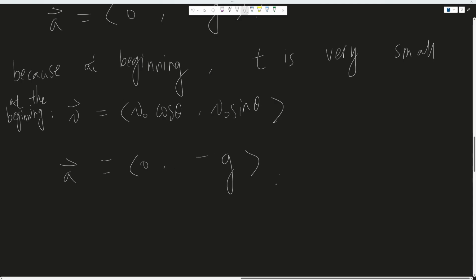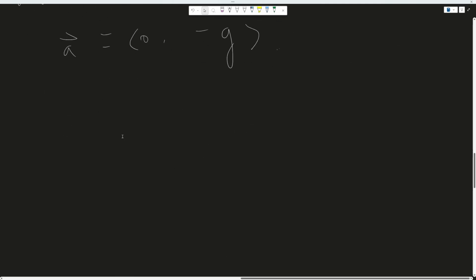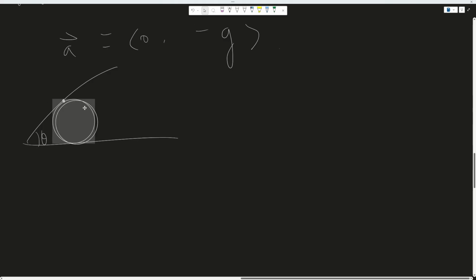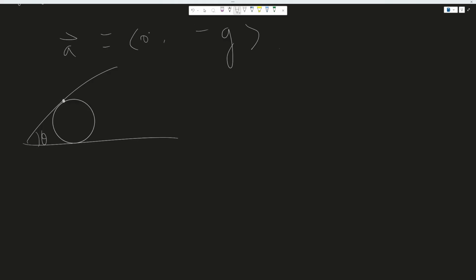And we also need to be careful of one more thing, because we're at the beginning here, not the top anymore. So this is theta, let's say this is the beginning. And then we draw a circle that best fits the curve. Note that gravity is pointing downwards this time.